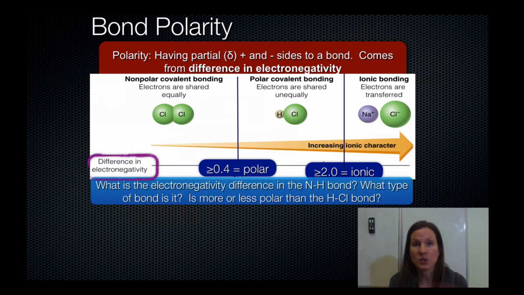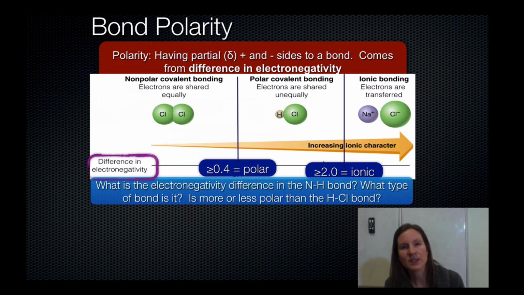So unequal distribution, you have a great enough difference that's leading to these polar charges, and so then you have polarity. 2.0 or over then ends up being ionic, a great enough difference to lead to full transfer. And what we're going to find is not every metal-nonmetal combination leads to a 2.0, so that's a little like, oh, what about everything we've learned?